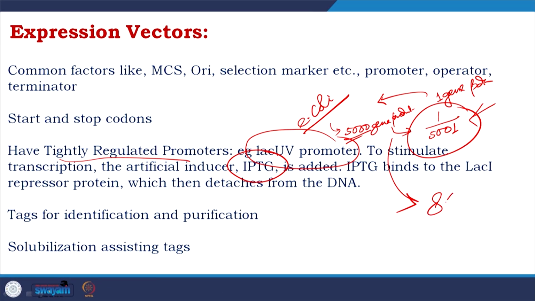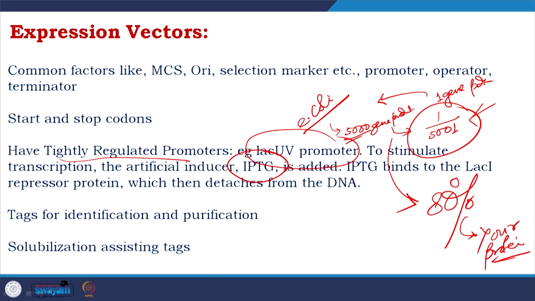So, you have already designed it, you have already put your protein's gene sequence there. That would be constitutively produced, and generally 80% of the total mass is your protein.